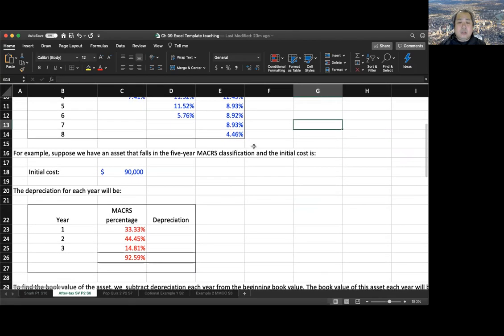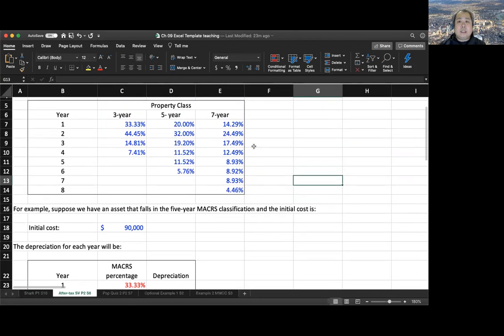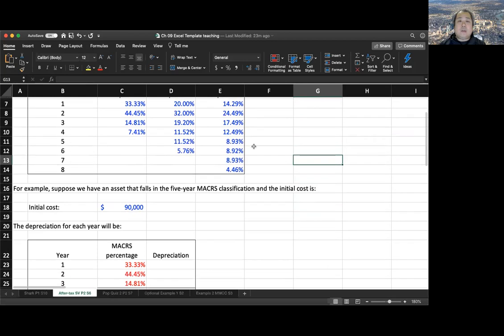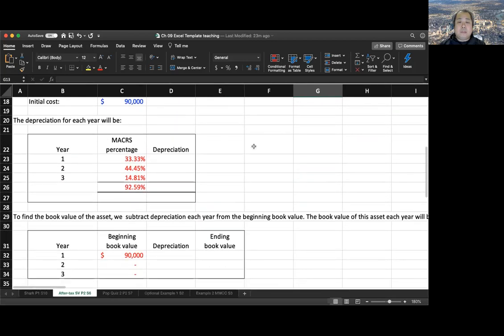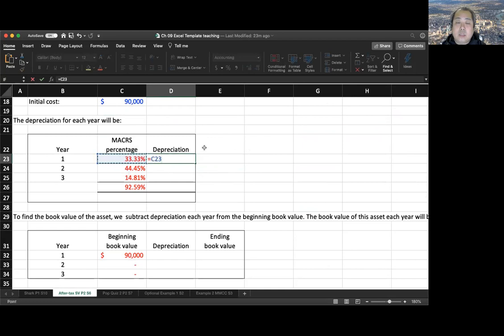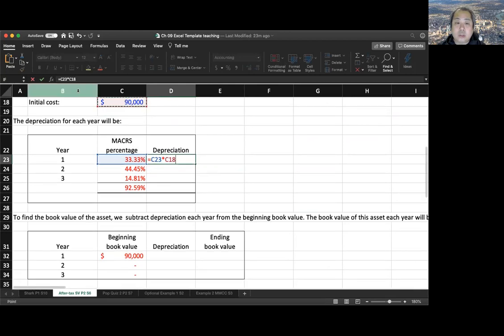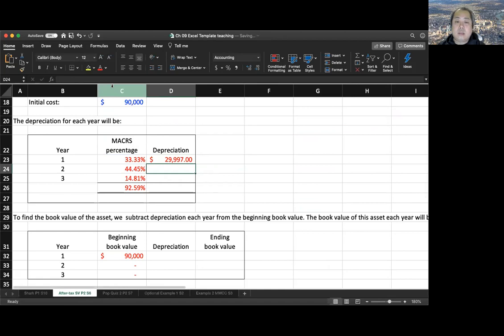Book value is initial cost minus accumulated depreciation. So we need to get each year's depreciation expense from year 1 to 3, which is the depreciation rate times initial cost $90,000 for 3 years.